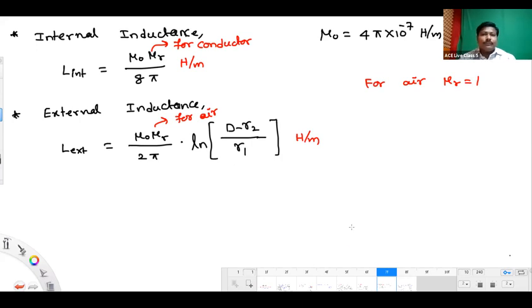Good. Now I will join these two equations, L internal and L external, together, and call it LA. I'll write it in the next slide.